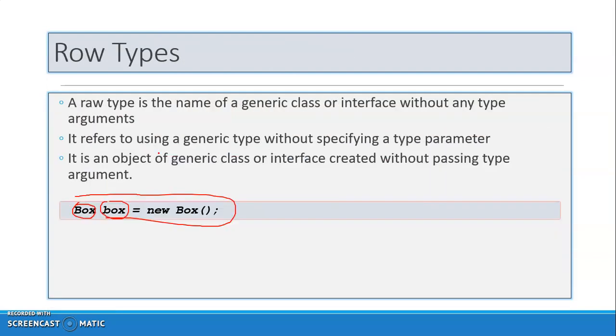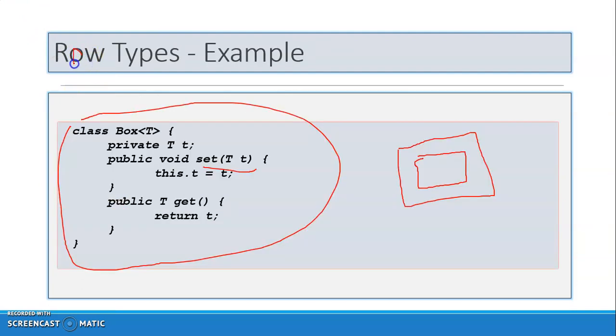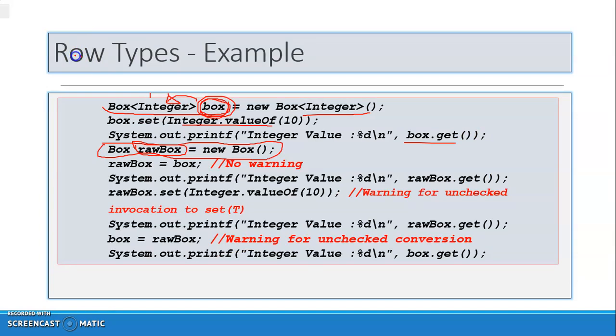I've just remembered that I'm using a wrong spelling here. It should be raw type here. Sorry, raw type here, raw type here. Not that type of row, but this type of raw. Okay, so the raw type here is considered, when erasure is done and everything is done, to be Object. So you need to convert it. So here, for example, we have the reference of the Box of Integer.